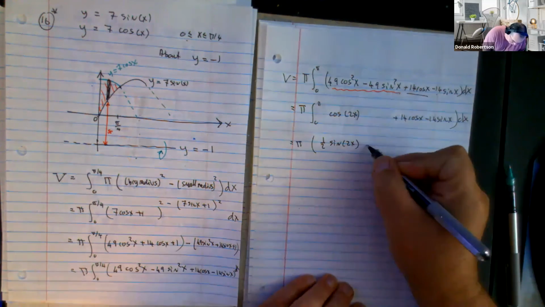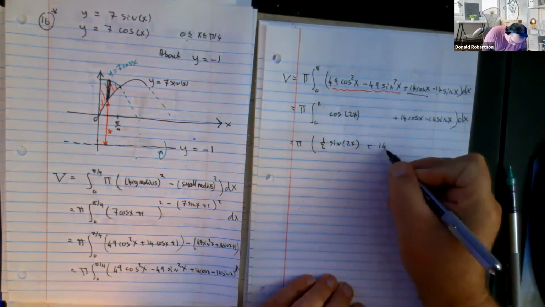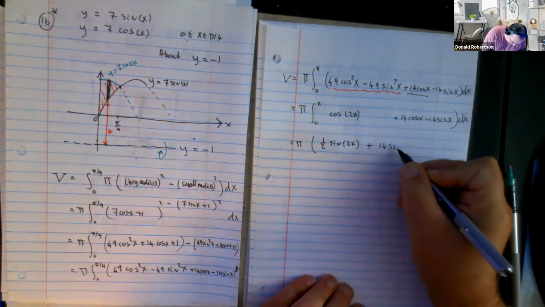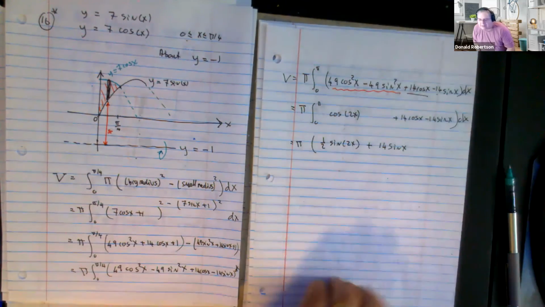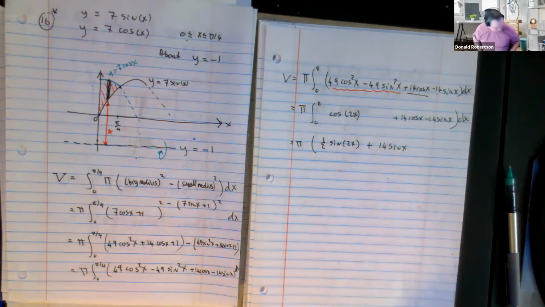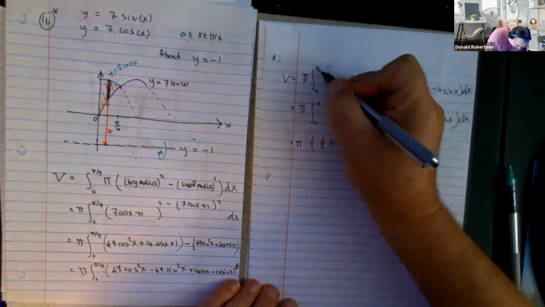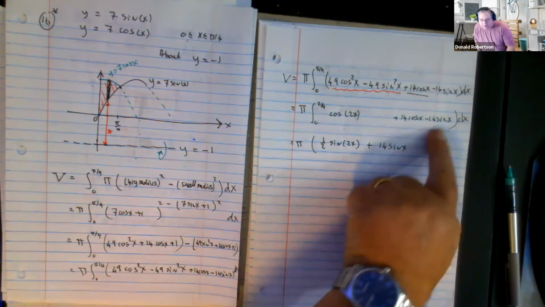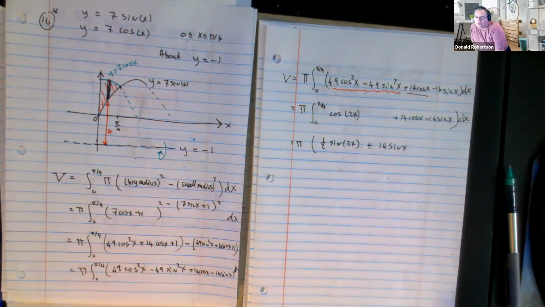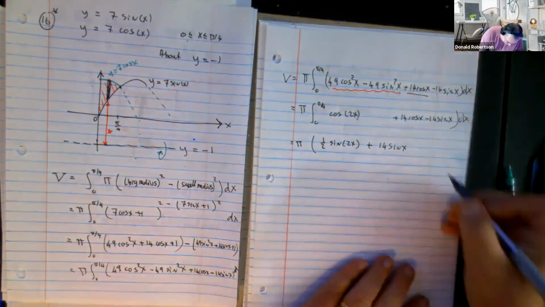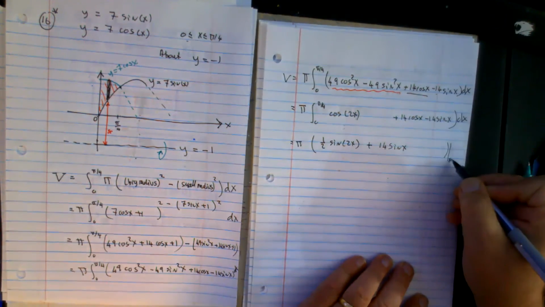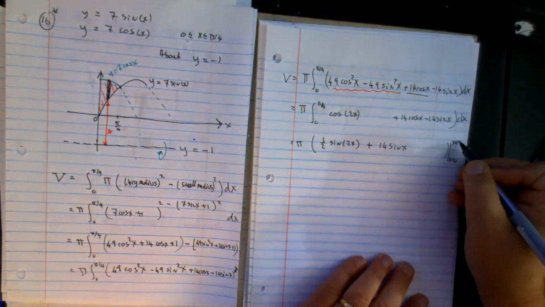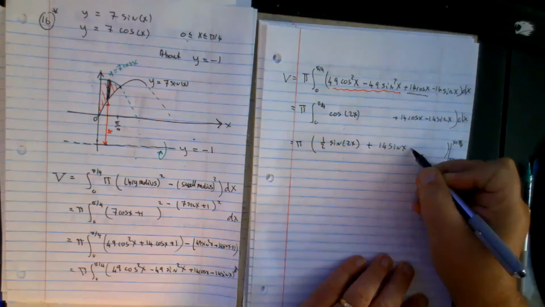If you integrate 14 cosines, you get positive 14 sines. And if you integrate negative 14, for some reason, that turned into pi. There we go. If you integrate negative 14 sine x's, what do you get? Positive 14 cosine x. Agreed.